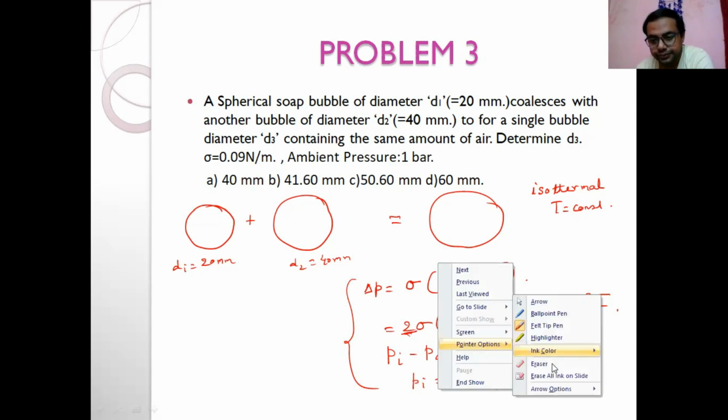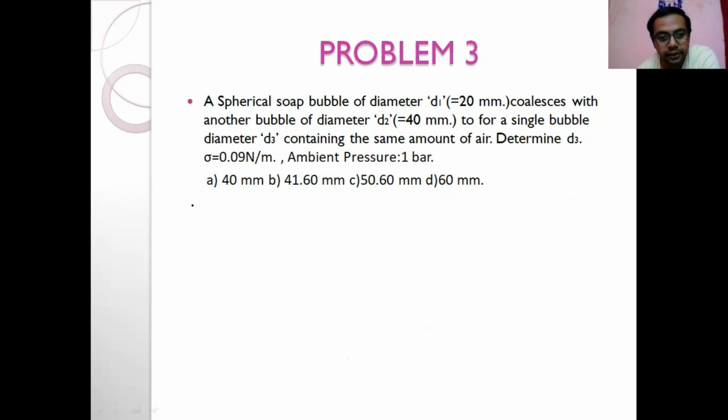Now if you consider the first bubble, bubble number 1, what is the pressure inside? P1 is equal to Pa, atmospheric pressure, plus 8 sigma by D1.